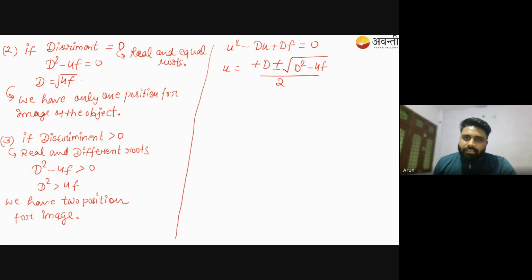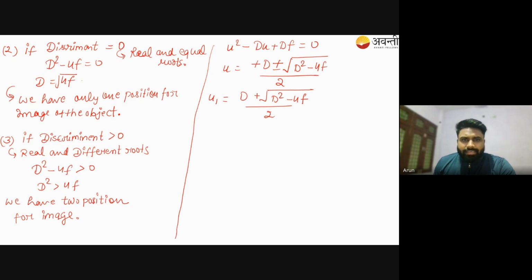And a here is nothing but 1, so 2 into 1 is 2. So you will have u1 equal to D plus square root of D square minus 4f divided by 2.